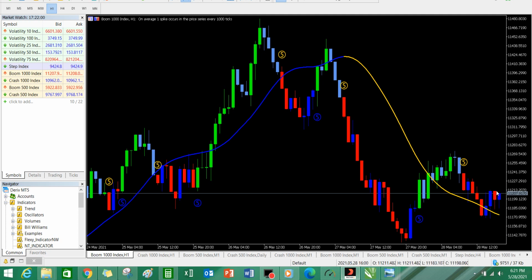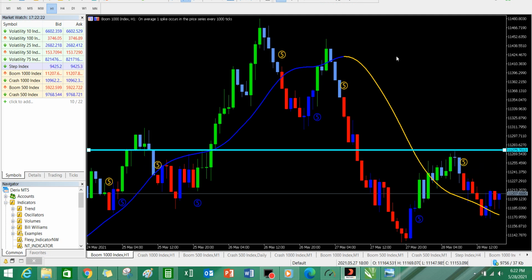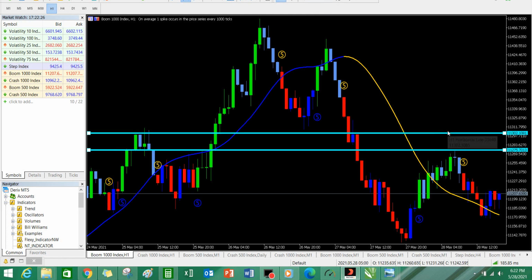If it's unable to break it, like we can see here, it is already consolidating here. If it is unable to break it, then we should see it pushing back up. And if it breaks this resistance level that was created here by the pullback, then between here and here are the resistance level.